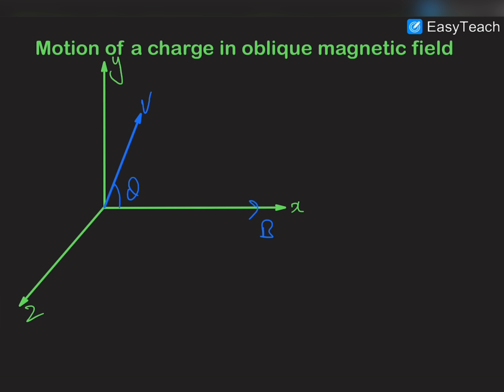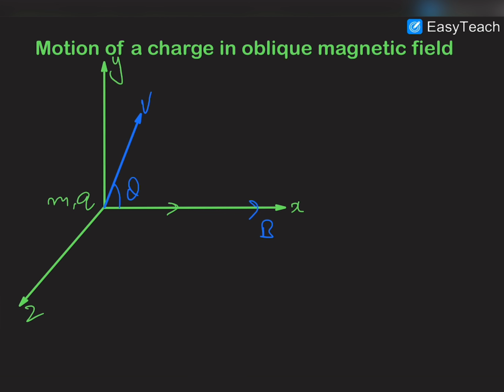So you can see in the case that this charge of charge q and mass m is being projected with some velocity v at an angle of theta with the magnetic field. Now first of all, let us resolve this velocity into two components.